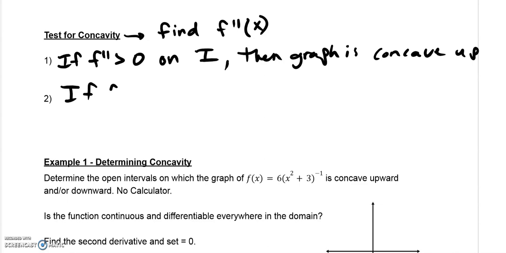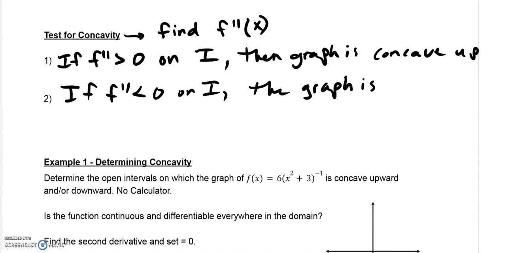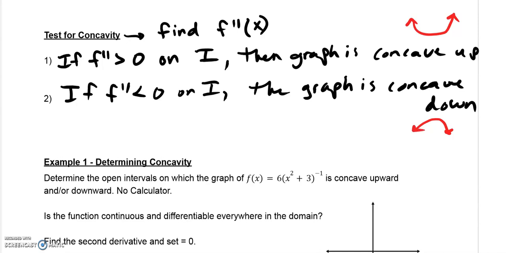Now, if the opposite is true, the second derivative is less than 0 on the interval, then the graph is concave down. And remember, if it's concave up, it kind of looks like that. If it's concave down, it kind of looks like that on the interval. Sometimes it can be very difficult to tell, sometimes not so much.